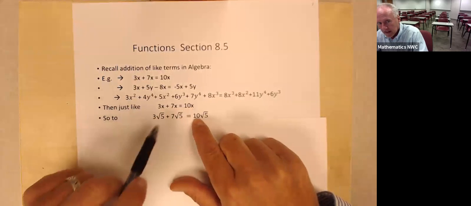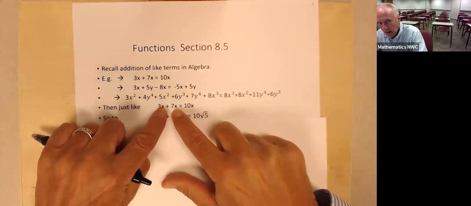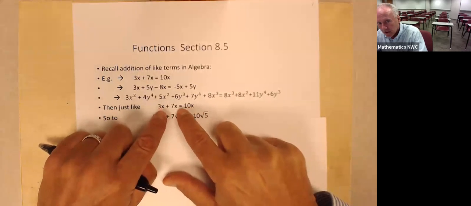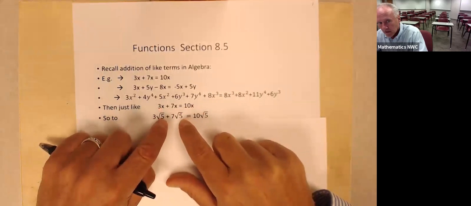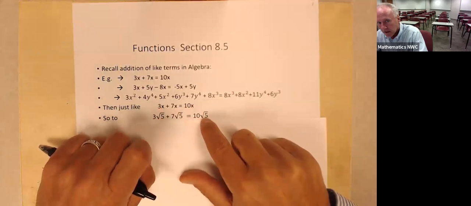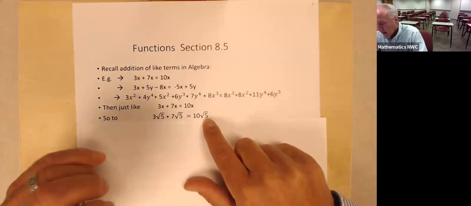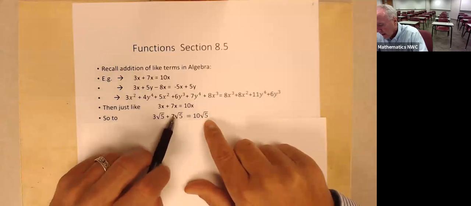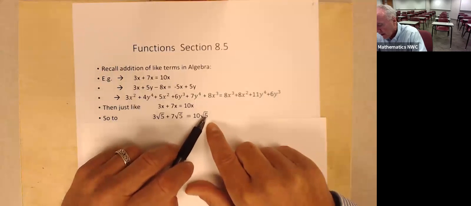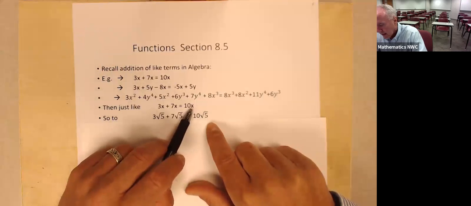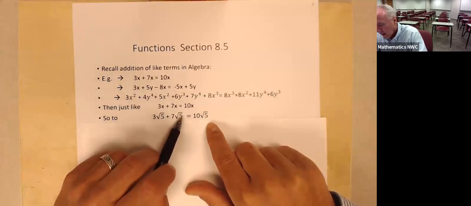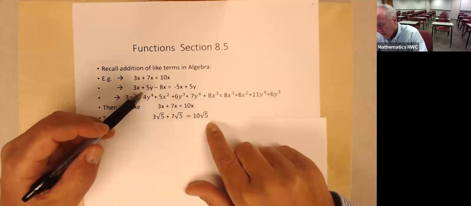But notice I didn't go x and x to get 2x there. The x's just came along. So the radical 5 would just come along. A common mistake would be people would have said 5 plus 5 gives me a 10 underneath the radical, but it stays as a 5, just like this x stays exactly the way it was. Radical 5 stays exactly the way it was.